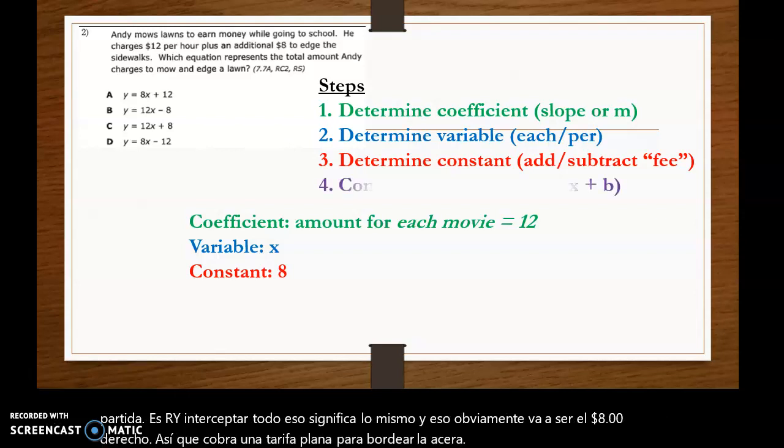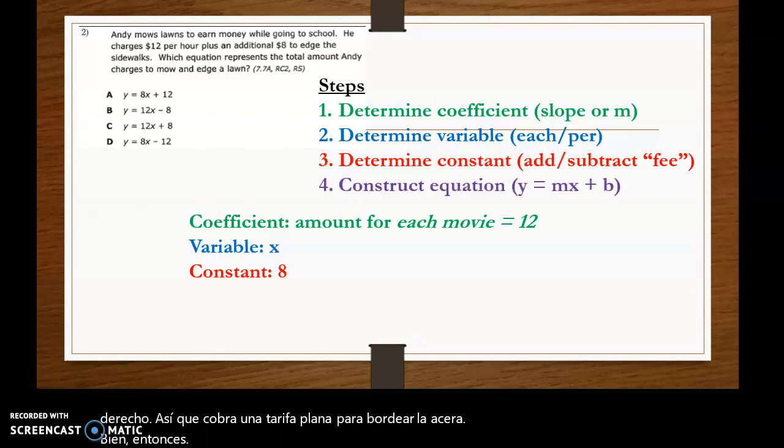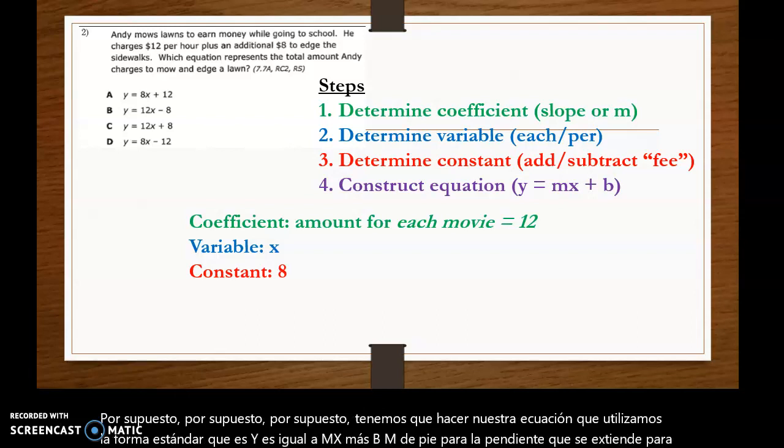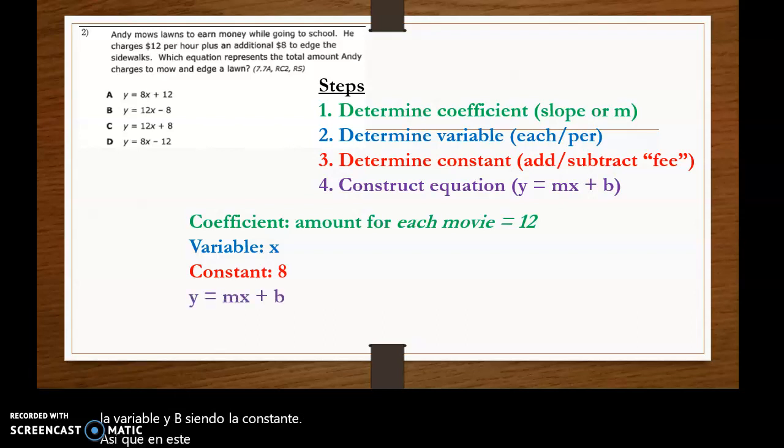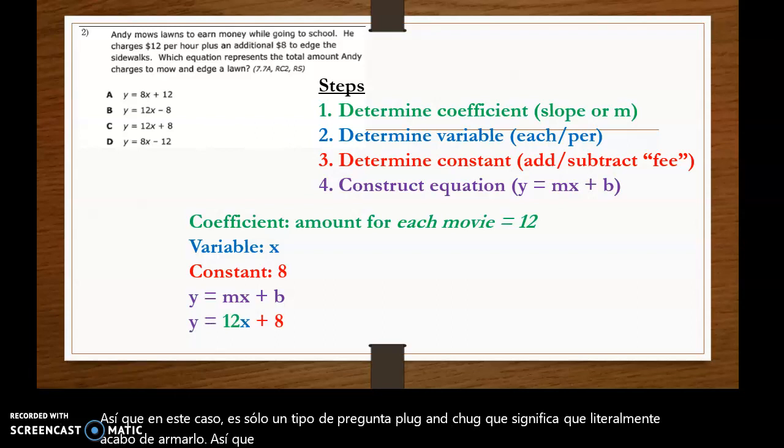Okay, so of course, we have to make our equation, and we utilize the standard form, which is y equals mx plus b, m standing for slope, x standing for the variable, and b being the constant. So in this case, it's just a plug and chug type of question, meaning I literally just put it together. So I'm going to have y equals 12x plus 8, and I look for my answer choices.